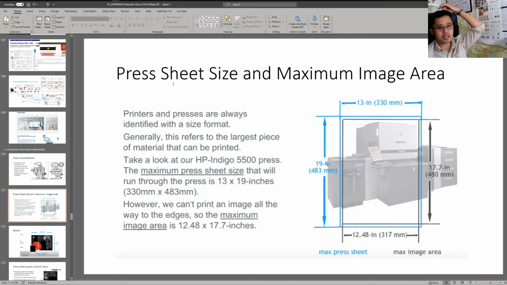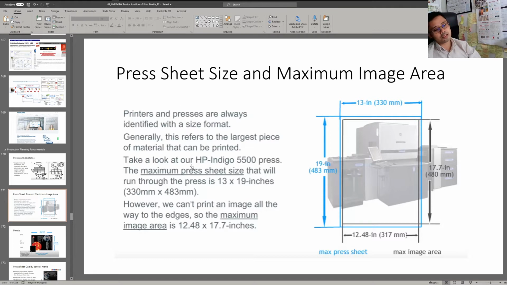Press sheet size and maximum image area. Printers and presses. I use the word printers here, and presses. Printers, presses are always identified with a size or format. Generally, this refers to the largest piece of material that can be printed.